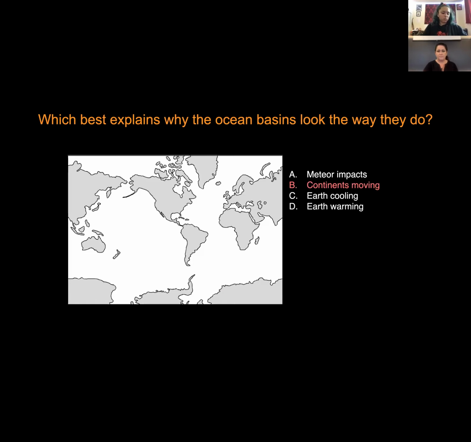Well, it's continents moving. And that mid-Atlantic ridge that I was just explaining is there because there has been new crust forming along that ridge. And every time new crust forms, it pushes the old crust out of the way.